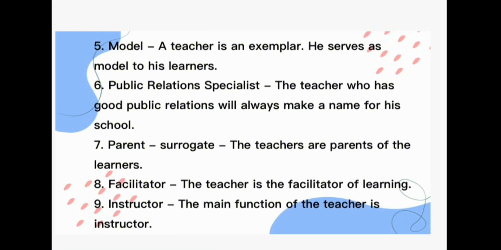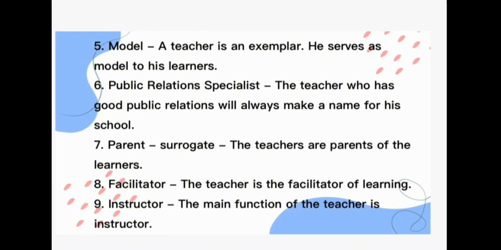Number 6 is public relations specialist. The teacher who has good public relations will always make a name for his school. Number 7, parent surrogate. The teachers are parents of the learners. In school, the teachers take over the role of parents, attending to the needs of the learners and offering them comfort away from home. Number 8, facilitator.